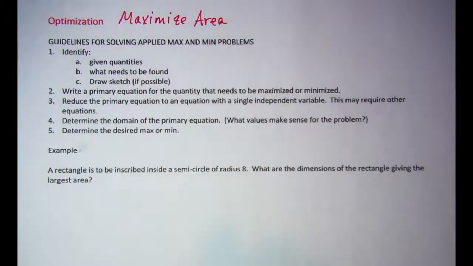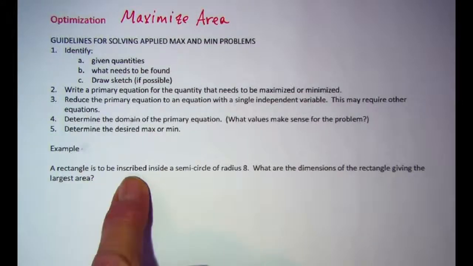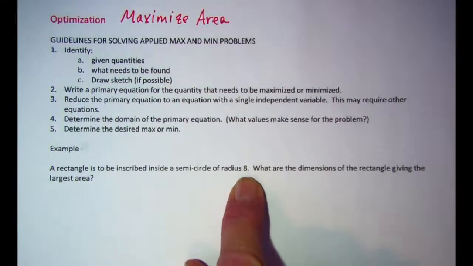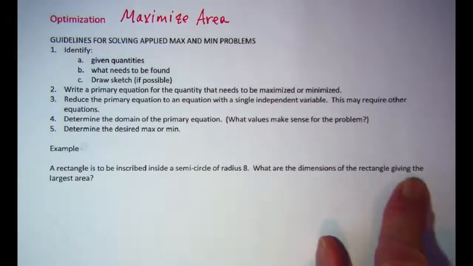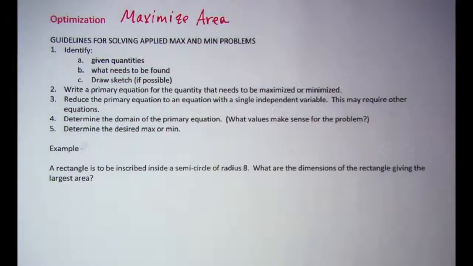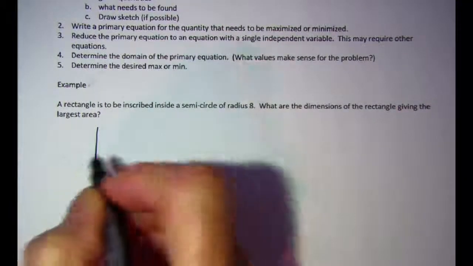The problem that we'll be looking at is: a rectangle is to be inscribed inside a semicircle of radius 8. What are the dimensions of the rectangle giving the largest area? So our first step, we need to sketch a picture of our semicircle.